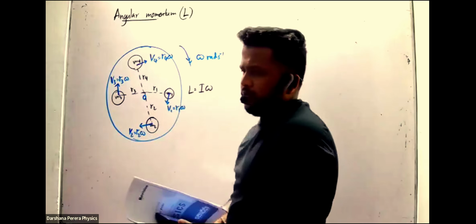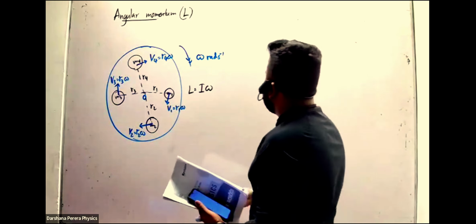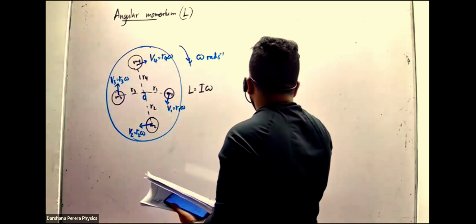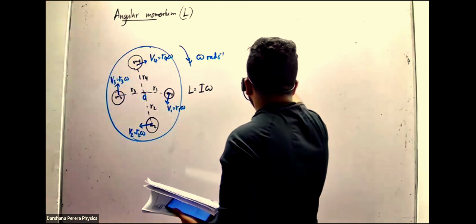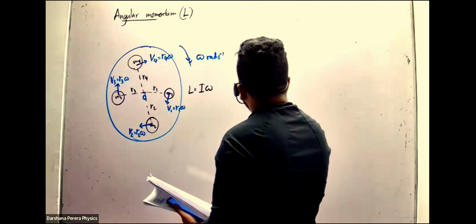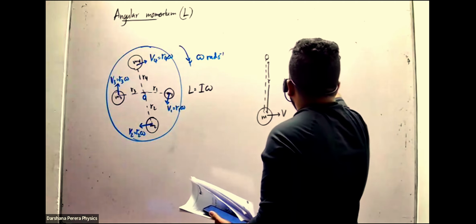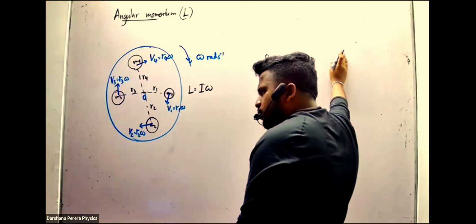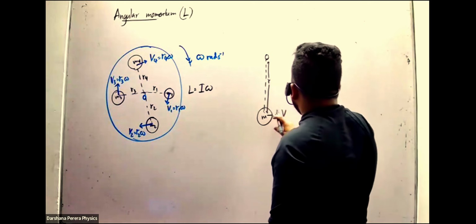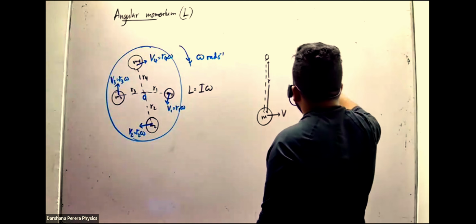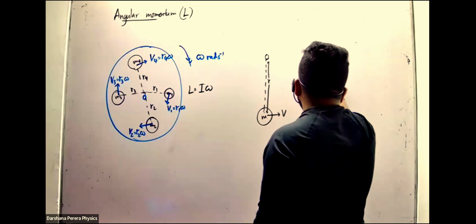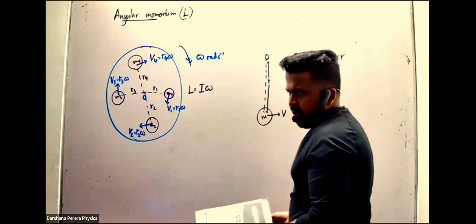When an object has a velocity v and the axis of rotation is at distance r, normally we can say L equals the moment of the linear momentum. Linear momentum equals mv, so the moment is mv into r. L equals mvr.